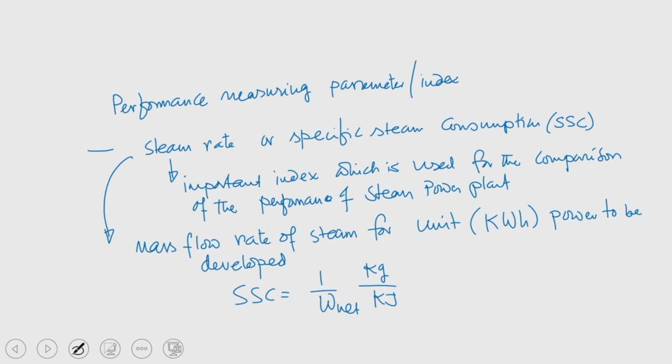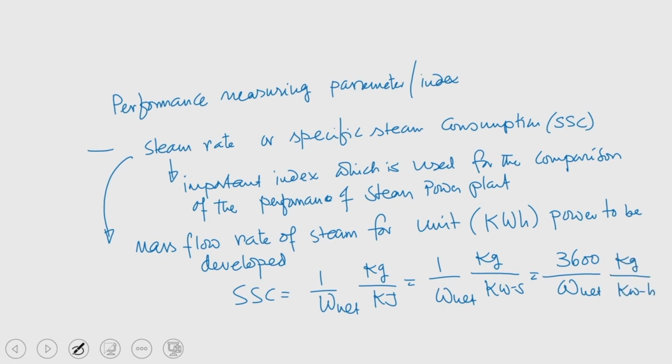So, that is 1 by W net, this is per kilowatt second, right. But according to the definition we need kilowatt hour. So, we can write it as 3600 divided by W net, kg per kilowatt hour. Okay. So, I will be writing over here like this.